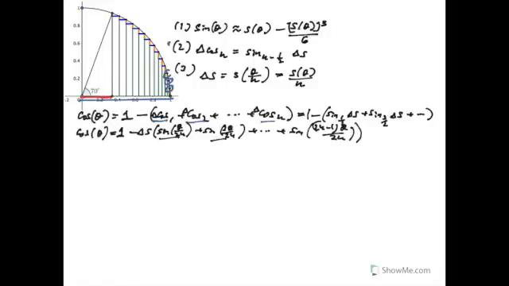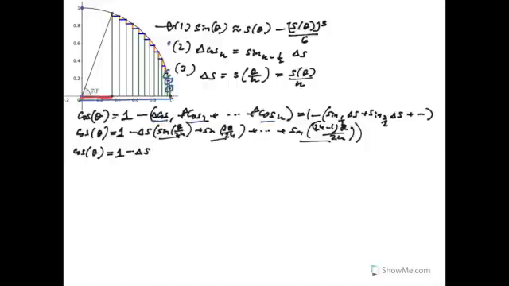Now, each of these things, two steps ago, we replaced them all with s of theta over whatever the angle was. But now, instead, we're going to replace it with this thing. And yes, it's going to get a little bit complicated. But let's see what happens.